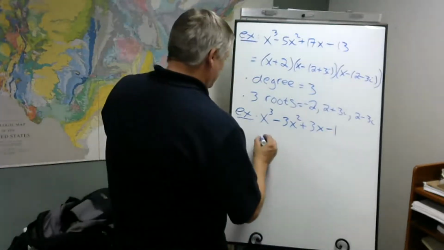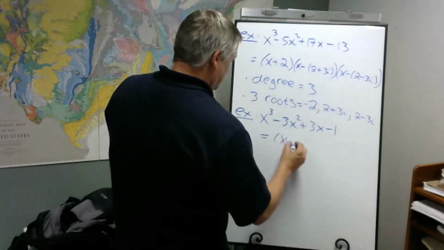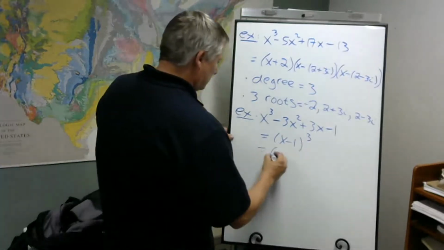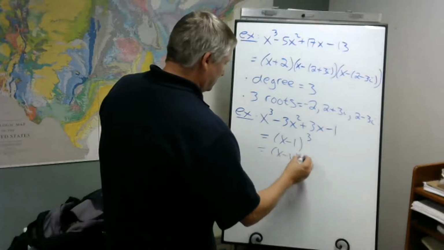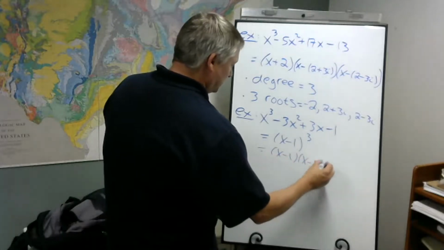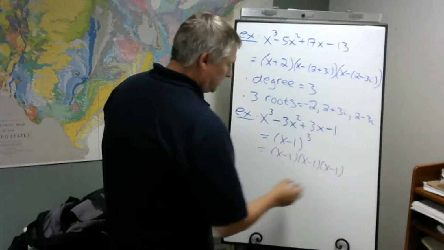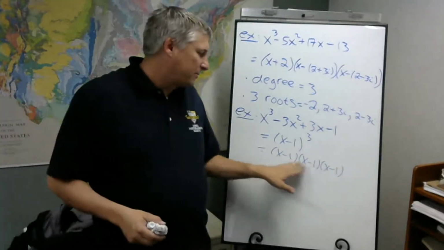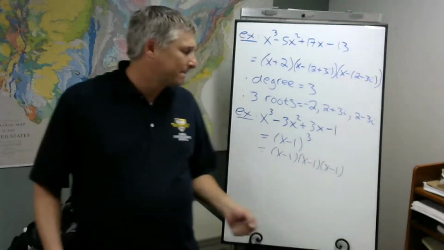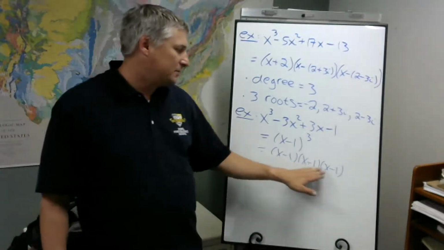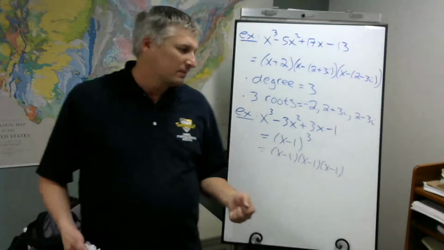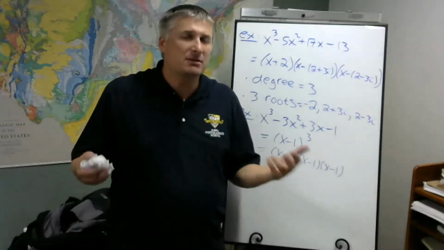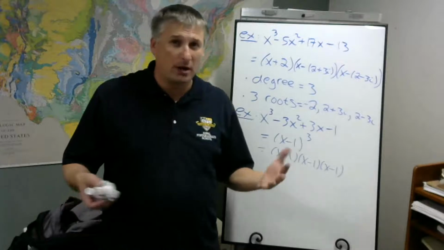Well, what this is, x minus 1 cubed, or x minus 1, x minus 1, x minus 1. So in this case, we have 3 factors of x minus 1, and each one is made 0 when x is 1. So there's 1 zero. One way you can think of it, there's a unique number that makes this thing 0, and it's 1.